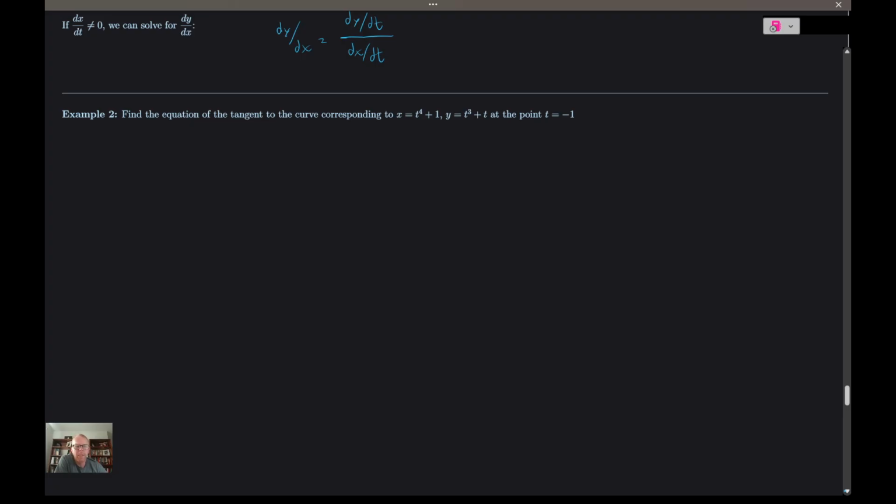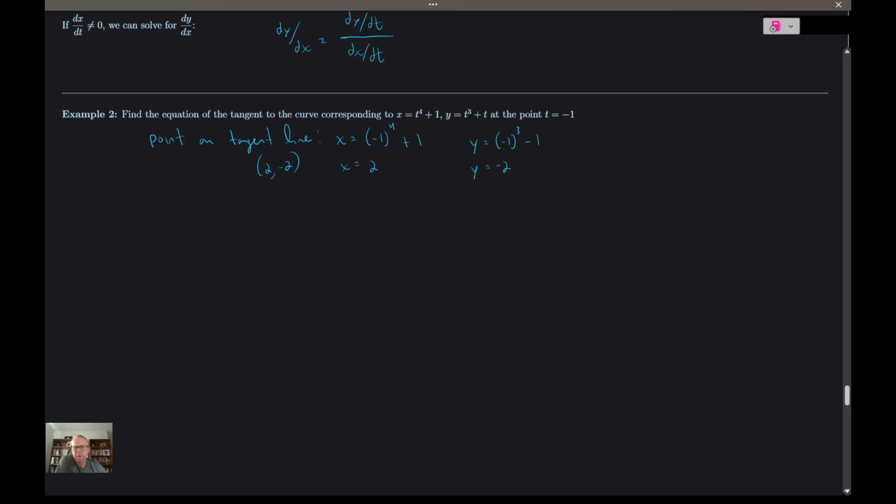So for the point on the tangent line, we're going to plug in -1 for t in the x function and in the y function. So we end up with 2 for x, and we end up with -2 for y. So the point on the tangent line is 2, -2.